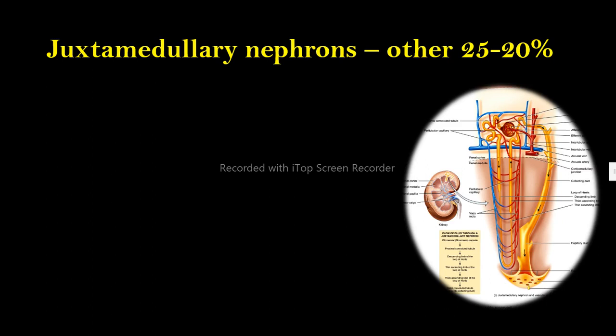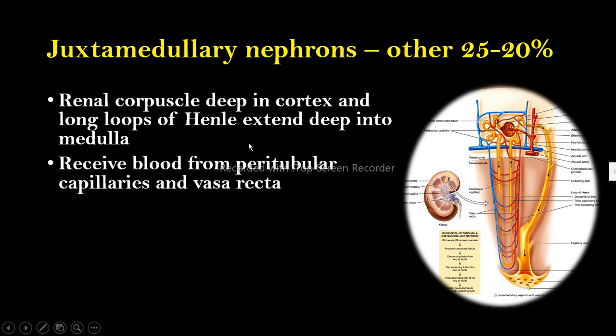For example, if you compare rats and humans, rats have more juxtamedullary nephrons, but humans have more cortical nephrons. So the water that can be absorbed by rats is far higher compared to water which can be absorbed by humans.